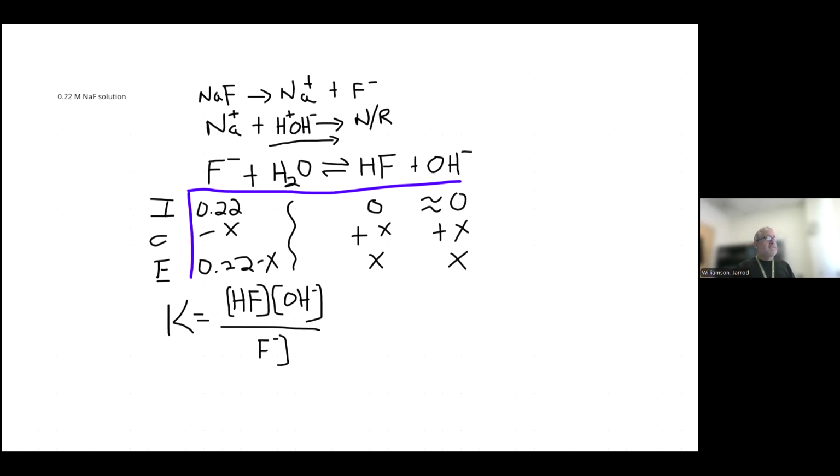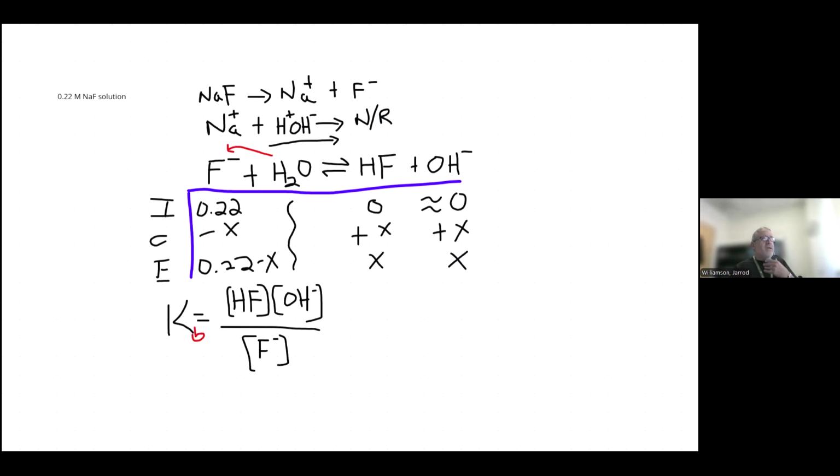And what kind of K is this? Well, this fluoride ion is accepting a proton, H plus, from the water. So the F minus is acting like a base. So this is Kb. This is K base.